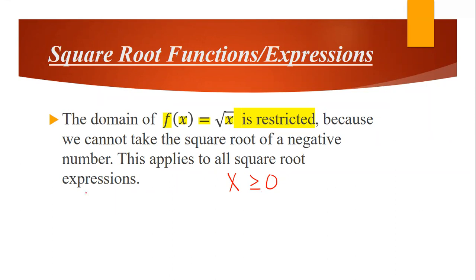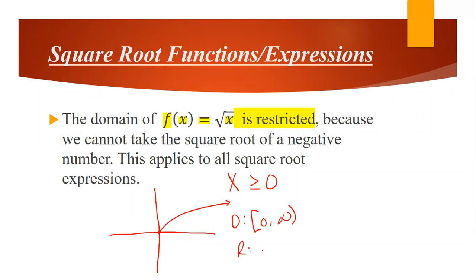And that's why the domain of our parent function, square root, at the top on the side, looks like this. This is our square root function, right? It starts at 0 and goes on to infinity. That's why when we wrote the domain here, we wrote from 0 to infinity, right?